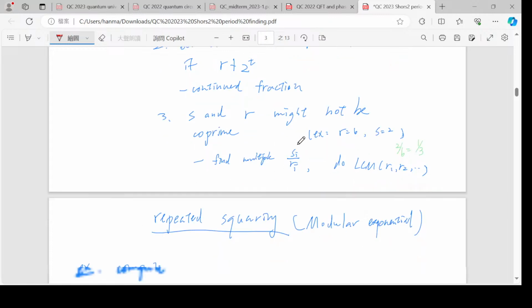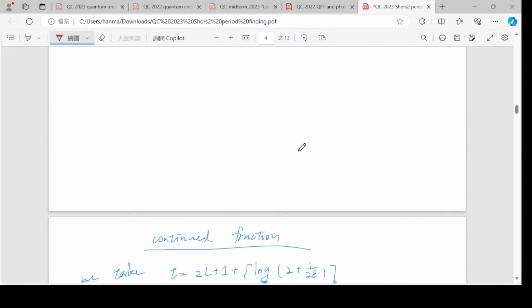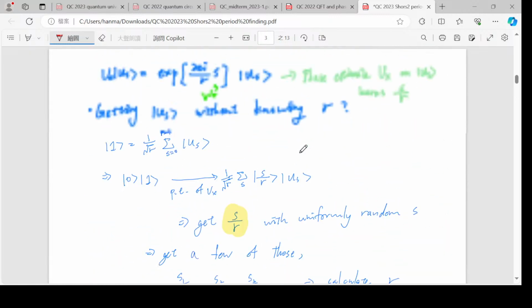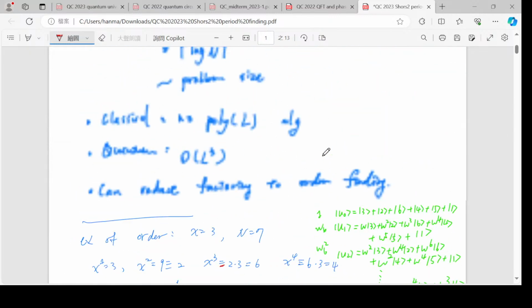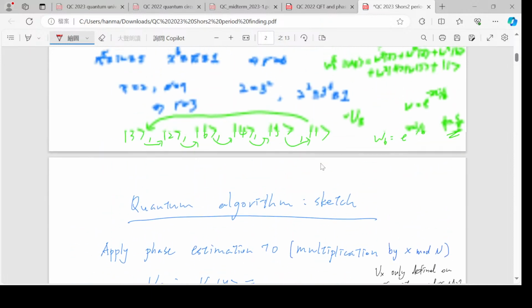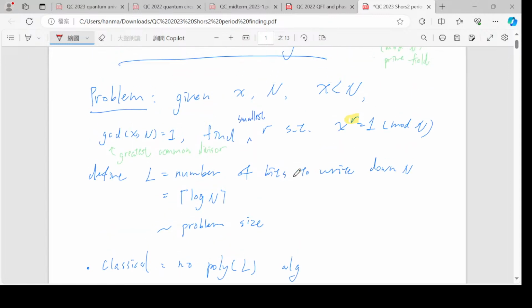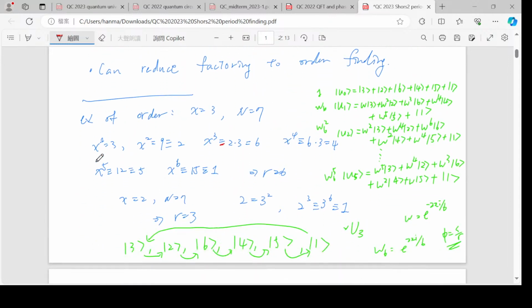Okay, and so that's order finding. And that's all the content part. I guess it's good to do a review of the content part again. So we want to do order finding, and the order is how long it takes when you keep multiplying a number by itself to become 1 mod some bigger number.